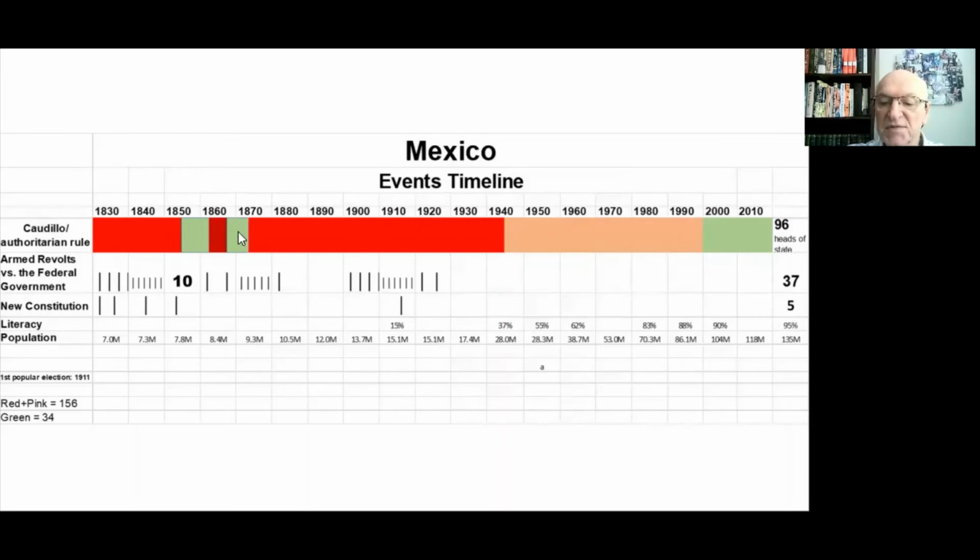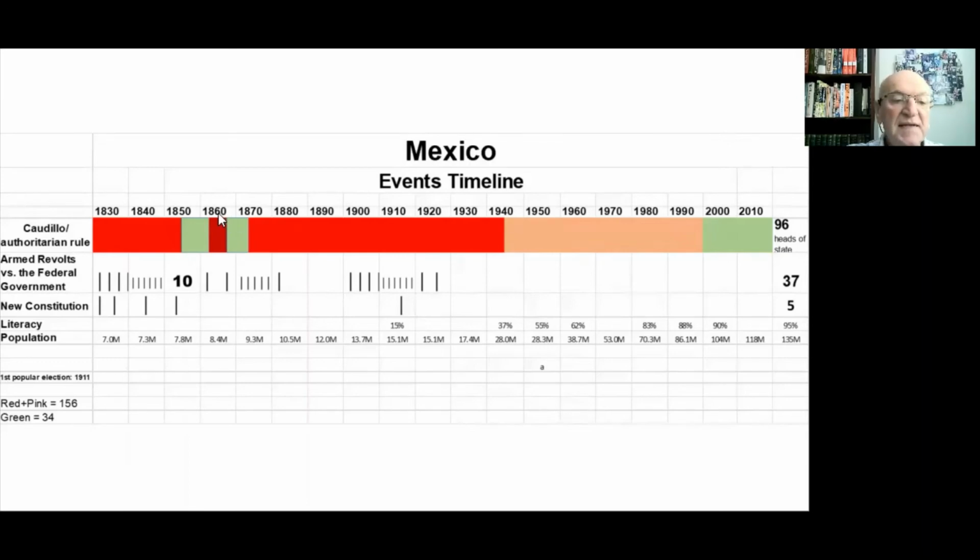But during his rule, the French, who claimed unpaid debts by Mexico, invaded the country and installed an emperor, Maximilian I. Maximilian was the younger brother of Franz Joseph, who was the emperor of the Austria-Hungarian Empire.